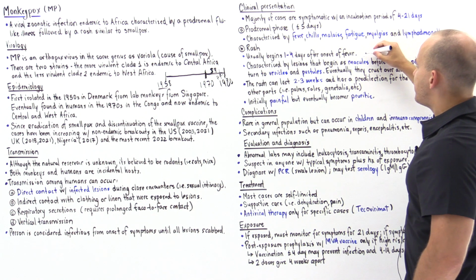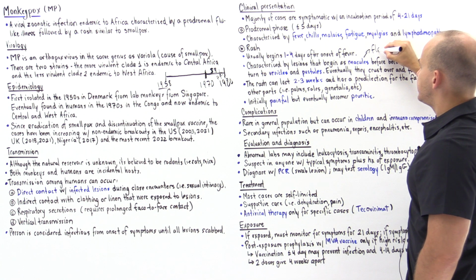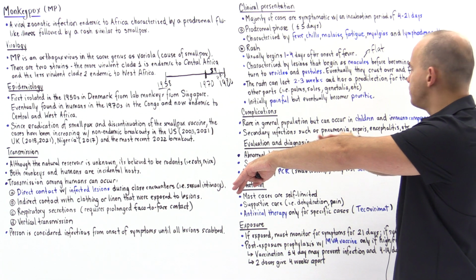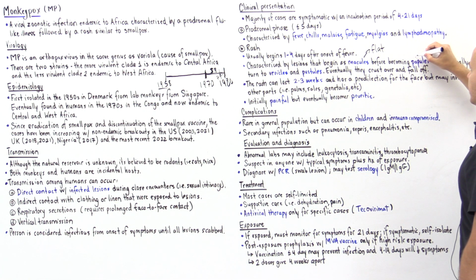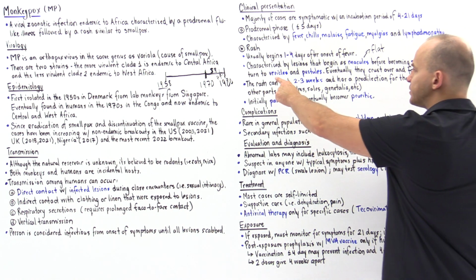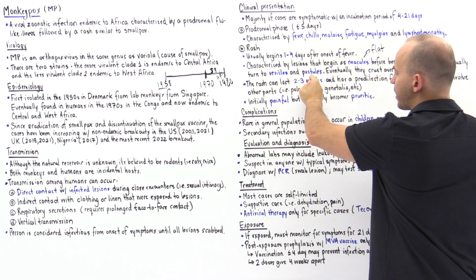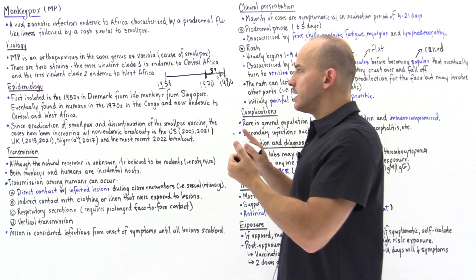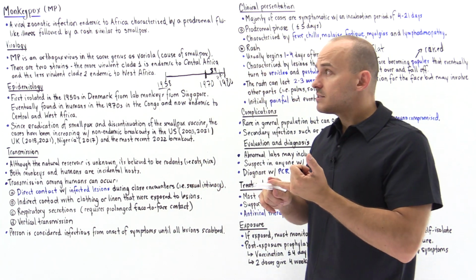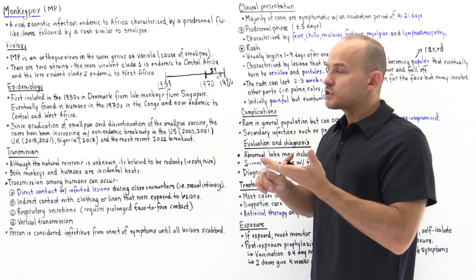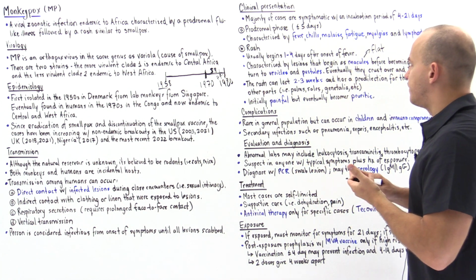Initially, the lesions are macular, so they're basically flat lesions, so we basically don't feel any bumps. But eventually, they become raised, and so we will feel bumps. And those raised papules can then turn into vesicles and pustules. And so these can resemble the rash that we see in varicella zoster infections, so shingles, as well as herpes simplex virus infection.